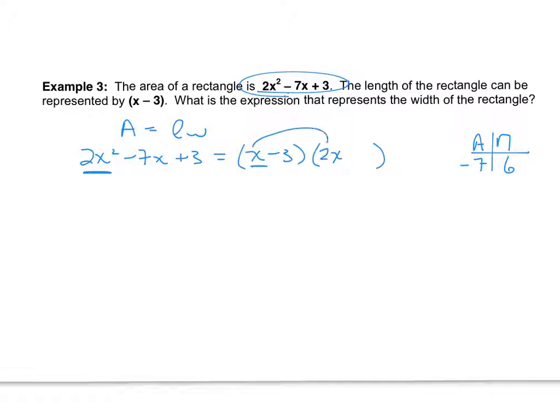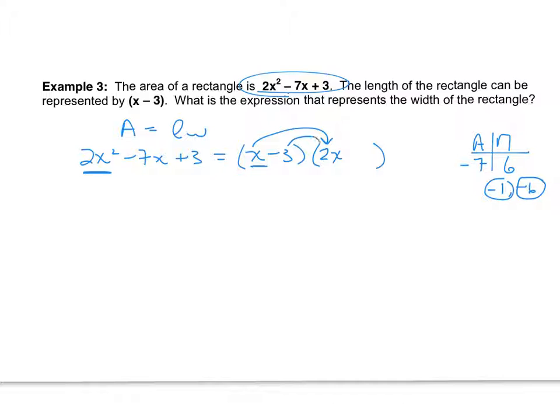Okay, so if I expand that, that's going to give me my 2x squared. I also know my two numbers are going to be -1 and -6 to add to -7 and multiply to 6. That means that one of these numbers, when I multiply them, has to give me a -1x, and then the other pair has to give me a -6x.